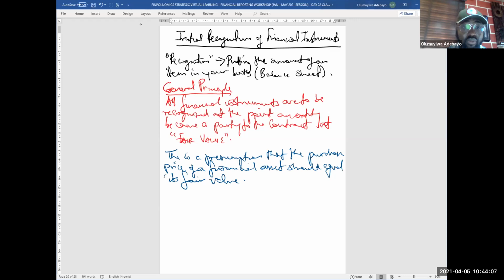That is why you always see that no matter the price you purchase a financial asset, we deem it to be the fair value as at that point in time, except, that's why it's a presumption, except if it is considered otherwise.